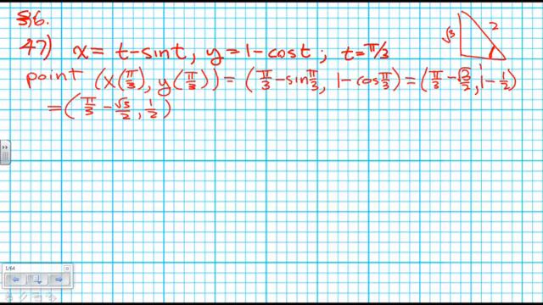My next goal is to find the slope. And before I can find the slope, I need to find the derivative. So let's go ahead and find the derivative, dy/dx. Now, in parametrics, the derivative dy/dx is found by taking the derivative dy/dt and dividing it by the derivative dx/dt.